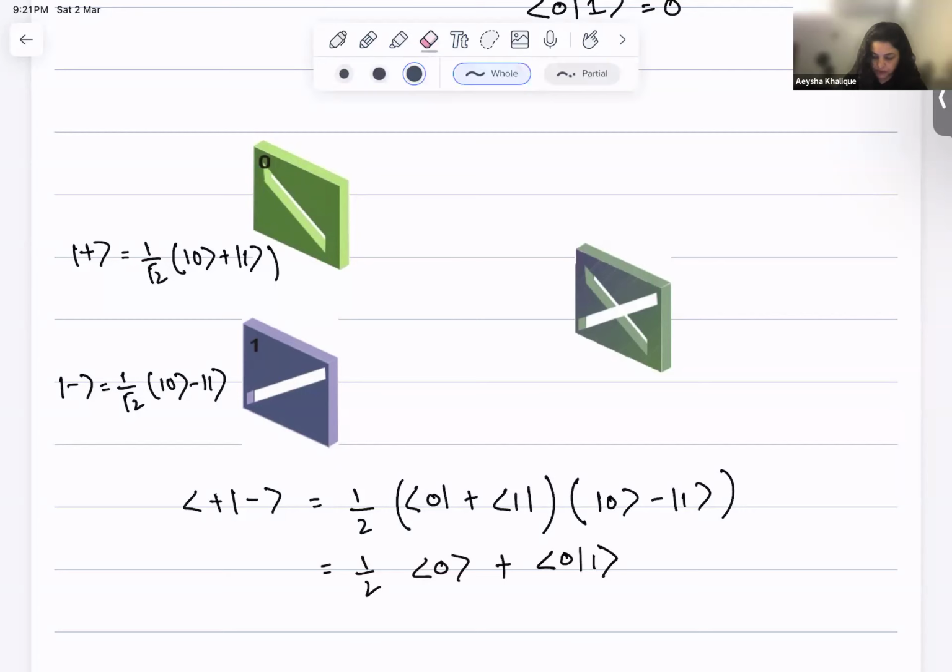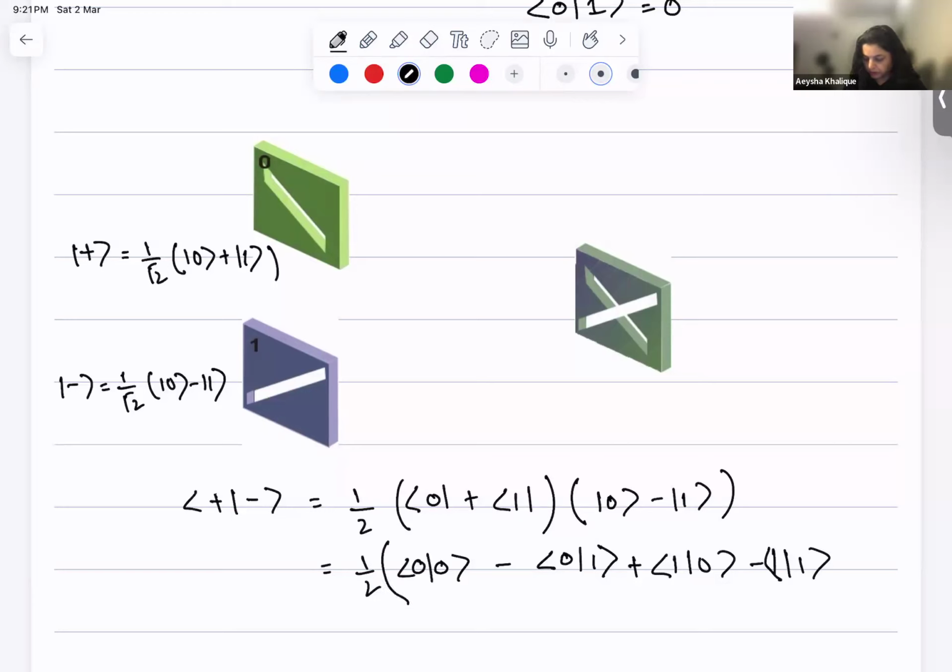So with the minus sign over here, minus 0, 1, and plus 1, 0, and minus 1, 1. And so this is 0, 0.